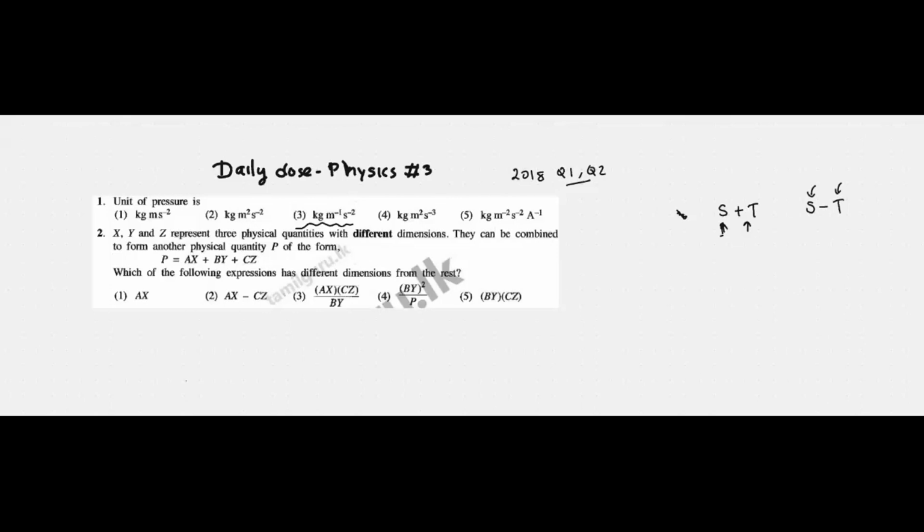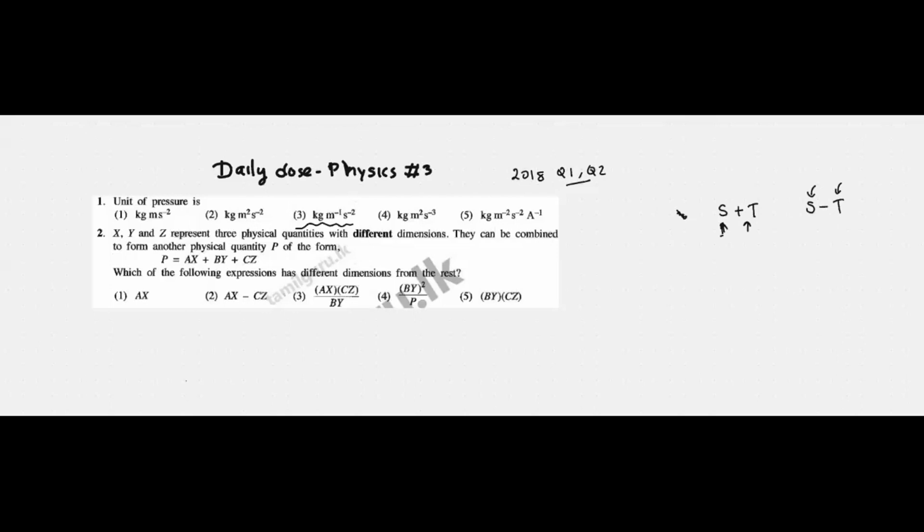For example, if a certain physical quantity is a velocity and the other physical quantity is an acceleration, they'll have two different dimensions, and if that is the case, you won't be able to add them. You can't add a velocity and an acceleration. You can only add a velocity with another velocity. That's the only thing that's possible. So you should understand, if you add two physical quantities, it means they have the same dimensions.